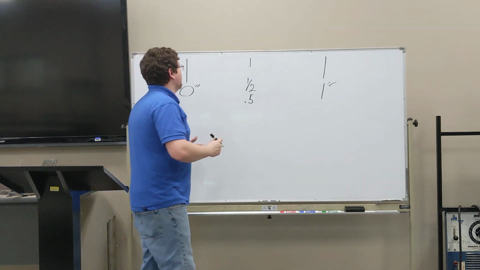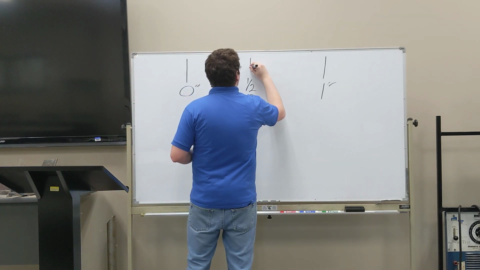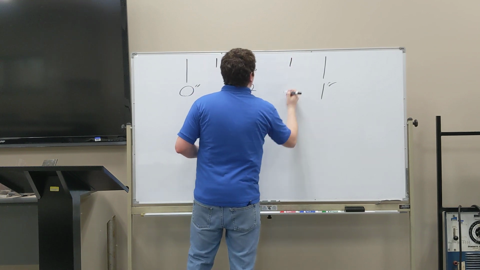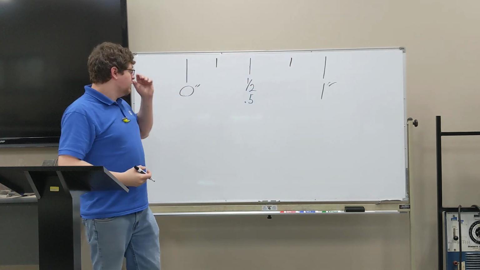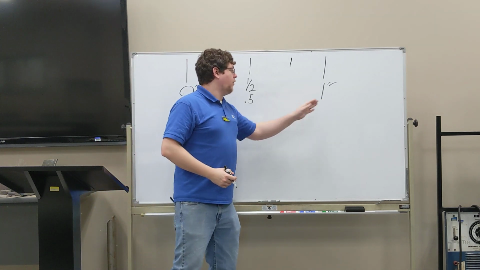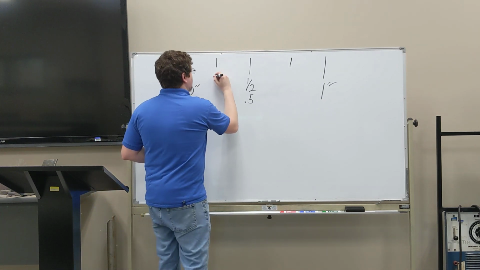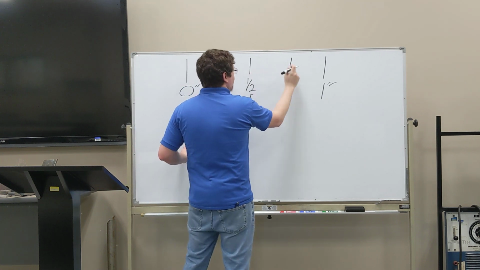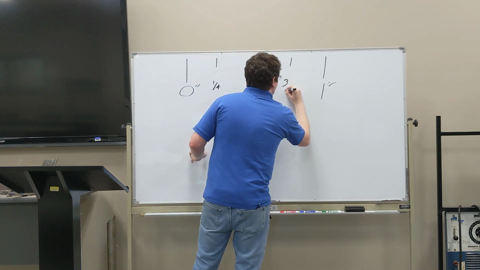After that, you go to your next marks. I'm just going to make this a little longer. So these are your quarter marks. You get your 0, half, 1. This goes to 1/4, half, 3/4.